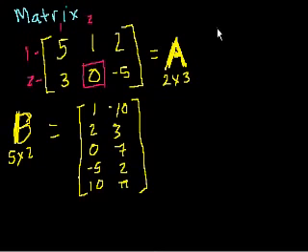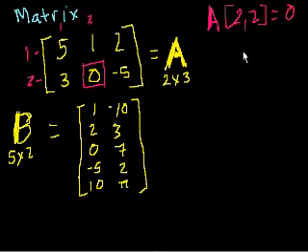So sometimes people will write A 2,2 is equal to 0. Or sometimes they'll write a lowercase a 2,2 is equal to 0. These are just the same thing.